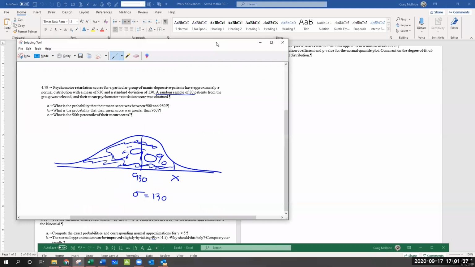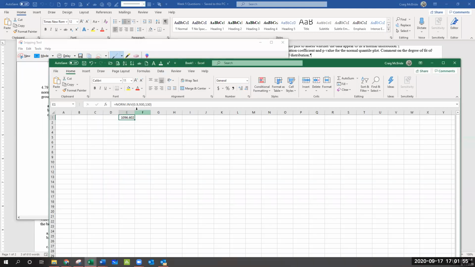The new standard deviation of our sample is 130 divided by the square root of 20, and then we put that into the function. You could calculate that in your calculator and round it, but you could also just do 130 divided by SQRT 20, the square root function in Excel. And there we go, the 967 that we got in SAS.